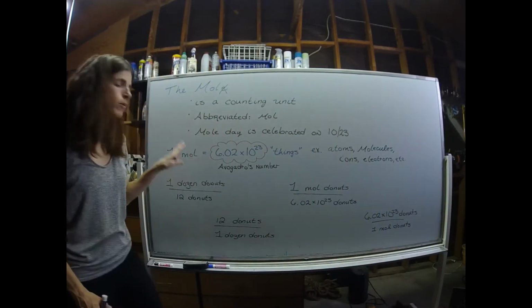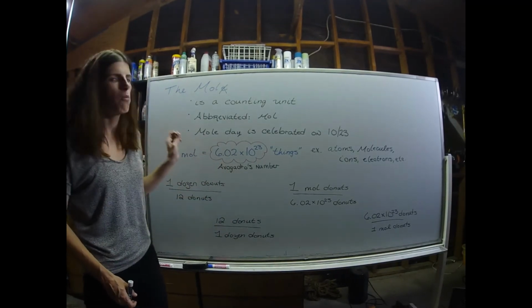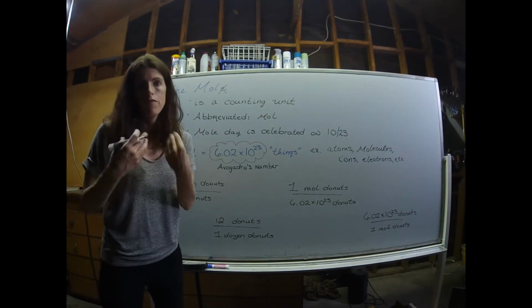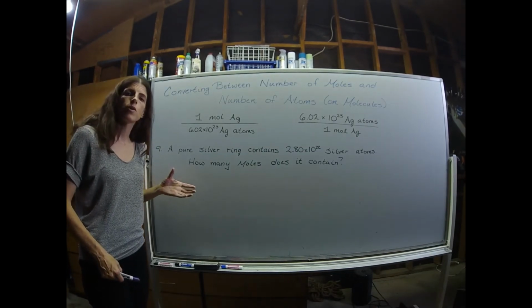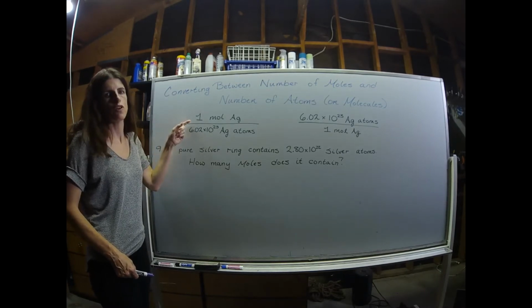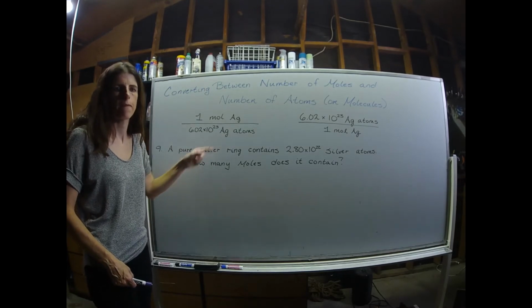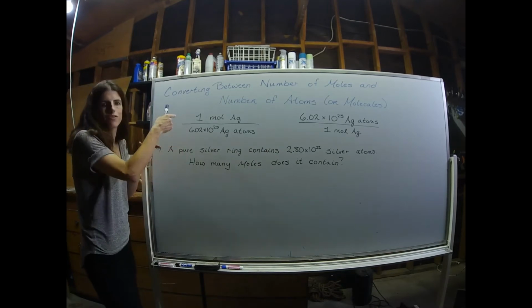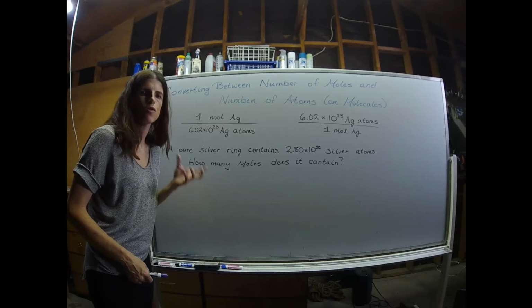So Avogadro's number is 6.02 times 10 to the 23rd, and 1 mole of anything contains Avogadro's number of things. Using Avogadro's number, I set up two conversion factors. The first one says 1 mole of silver has 6.02 times 10 to the 23rd silver atoms. To get the second conversion factor, I just flipped the first one. I put Avogadro's number on top and 1 mole of silver in the denominator.